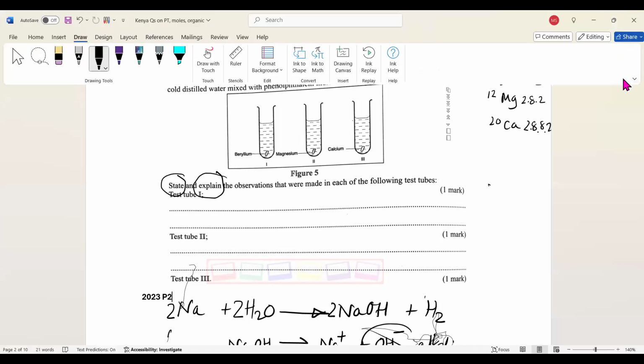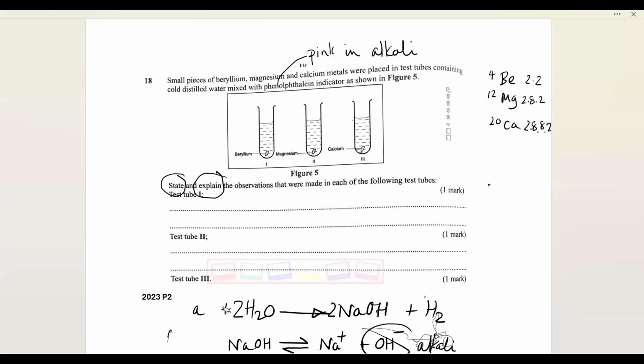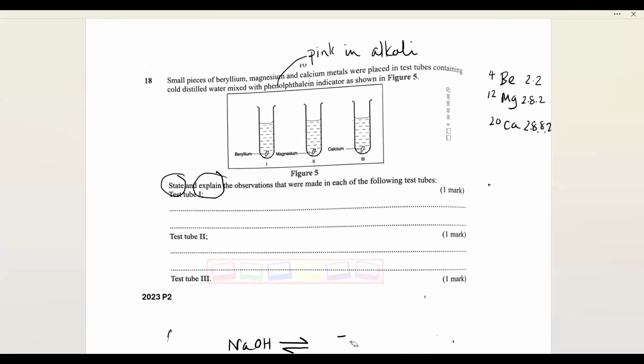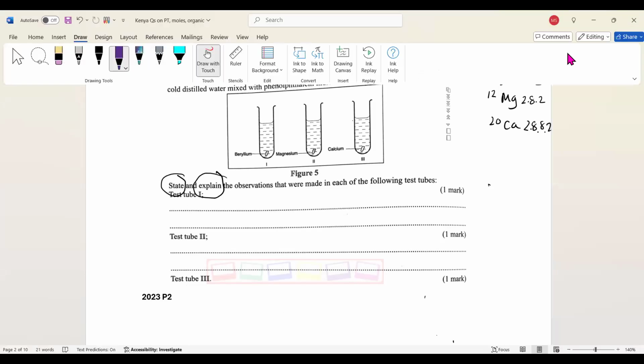I just need to get rid of some of this, so I've got some room. Okay.